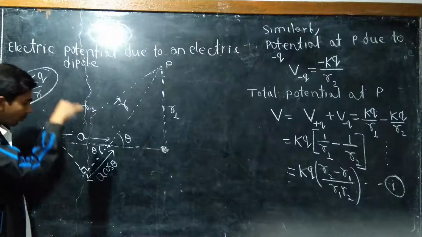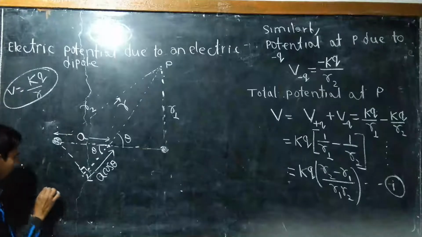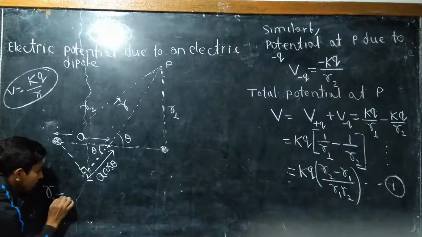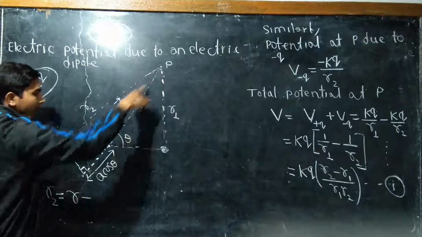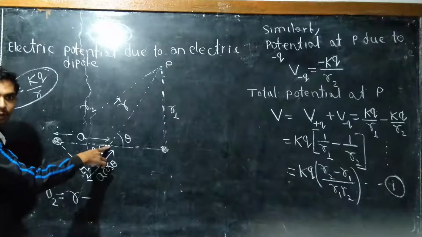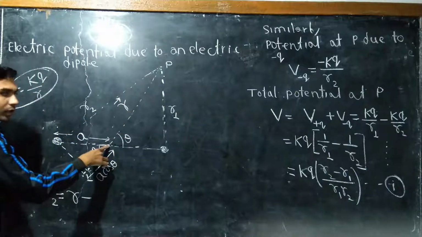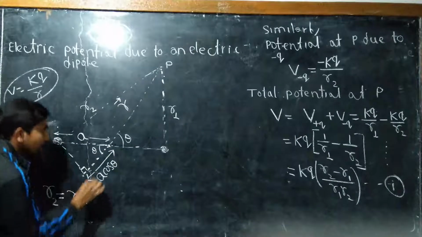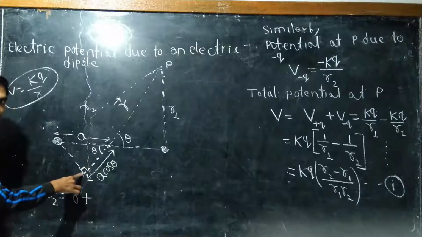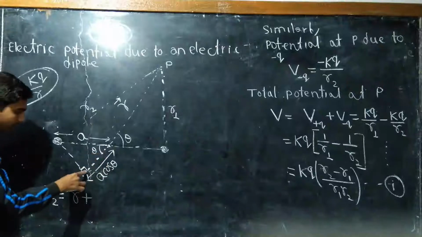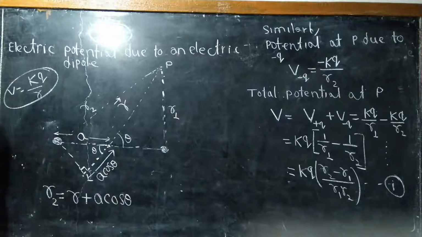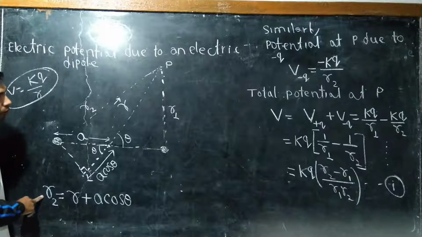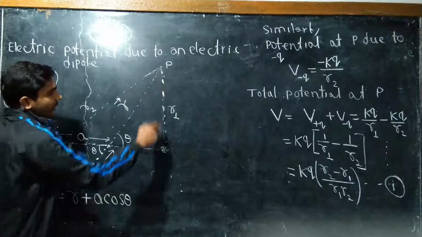So from the diagram we can write R2 is equal to R, here to here how much? R, right? Here to here how much? R plus this length, and this length is A cos theta.